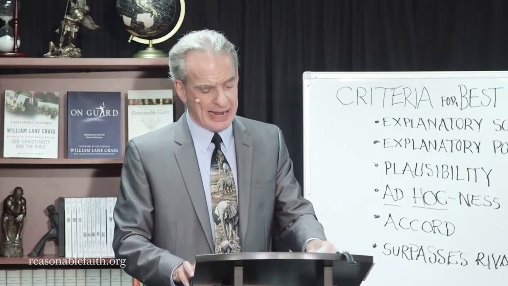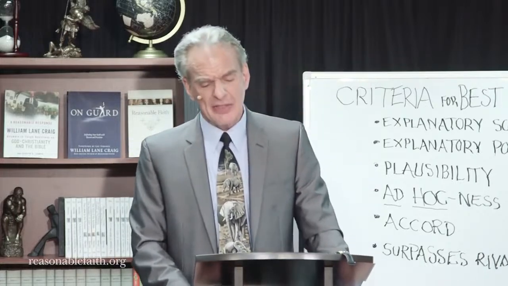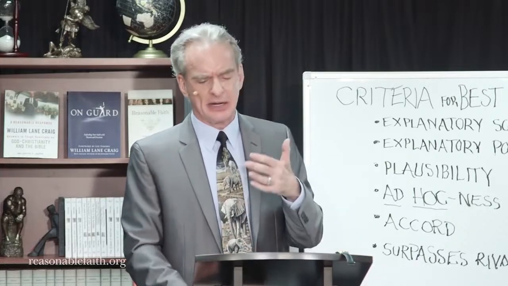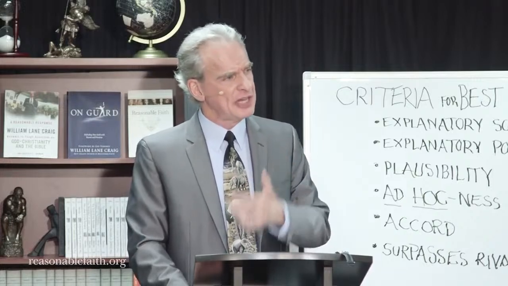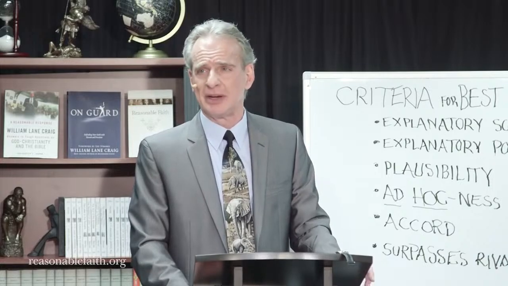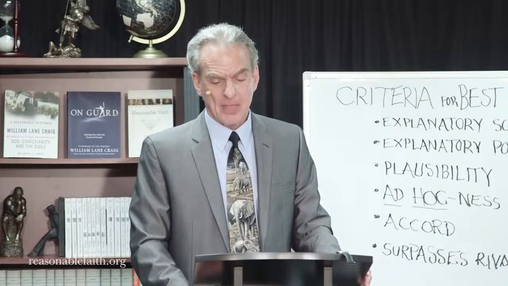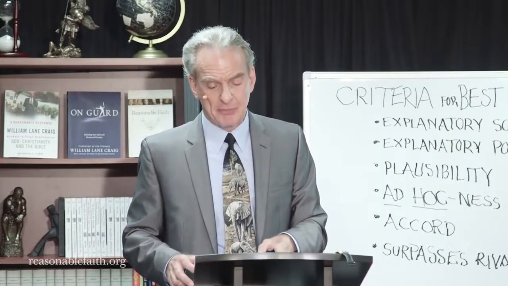Next to last, the ad hocness? Well, the theory is not greatly ad hoc, but it is somewhat ad hoc in that it ascribes to Joseph motives and activities like displacing the body for which we have no independent evidence at all. And so it is mildly ad hoc. What about its disconfirmation by accepted beliefs?